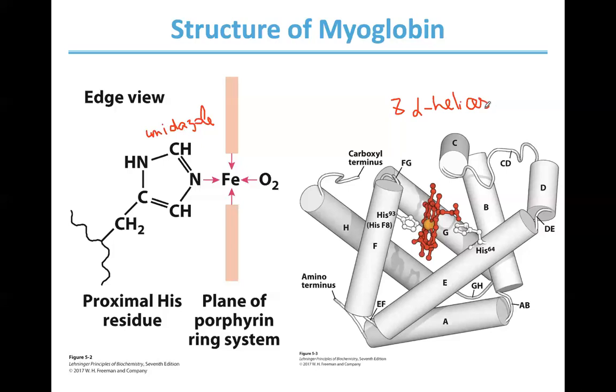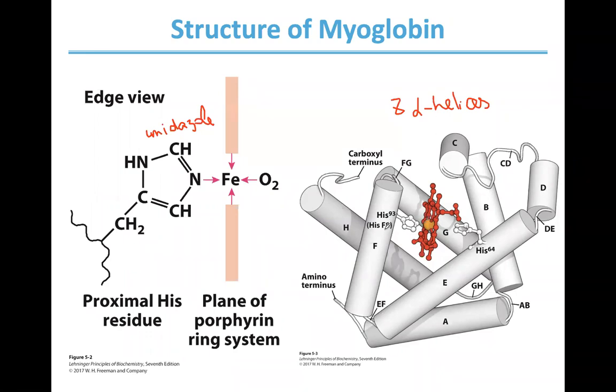They're going to be labeled as A, B, C, D, E, F, G, H. And you can see here is this histidine, the proximal histidine shown here, which will form a bond with iron.